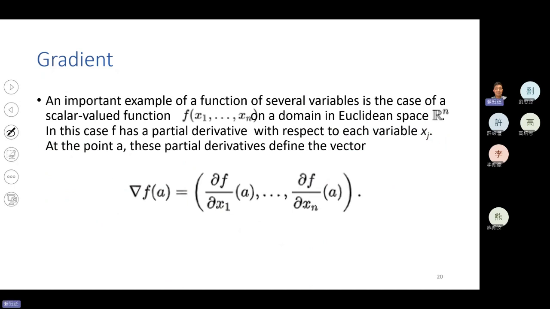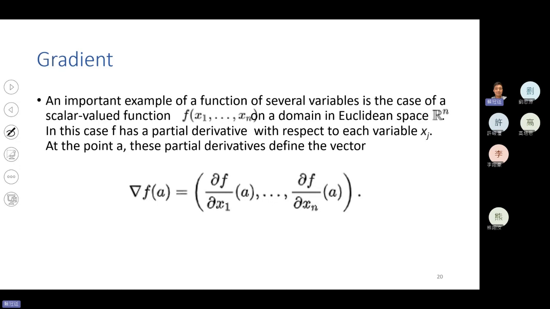We always hear about gradient descent of optimization, right? Actually, gradient is the partial derivative of all the variables inside a vector. Okay, so now you know what the partial derivative is. That's why our computer can do the derivative in parallel.